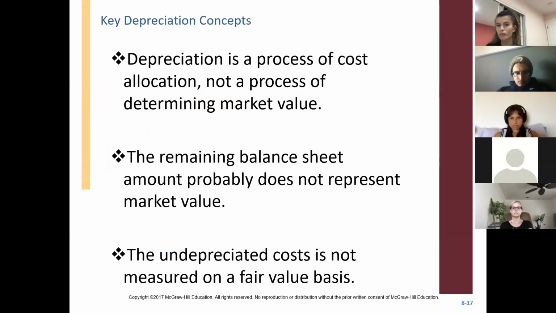And this is kind of important to understand. Depreciation is a cost allocation method. We understand that depreciation has nothing to do with the market value of the asset. Nothing to do with it. Whatever's on the balance sheet, whatever that amount is, probably does not represent market value.